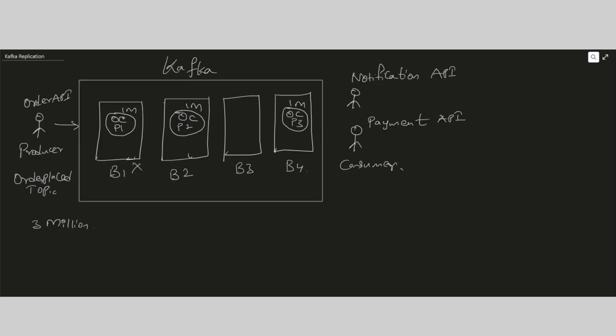For example, if order created topic partition 1 is present in broker 1, you can take one backup of that into broker 2, and maybe one here, and one here. So for the same partition we have taken multiple backups.